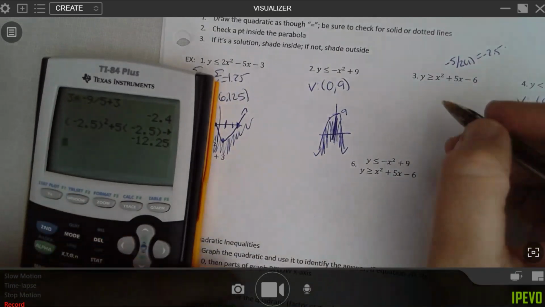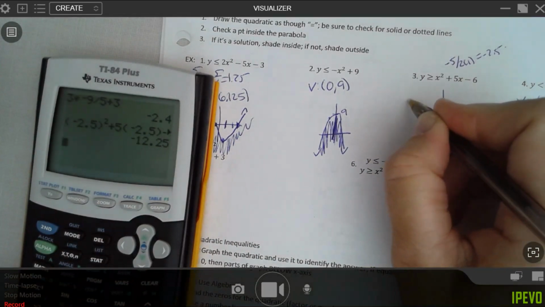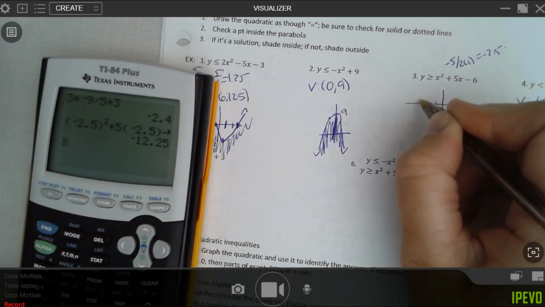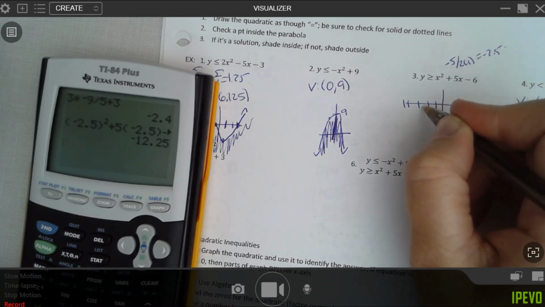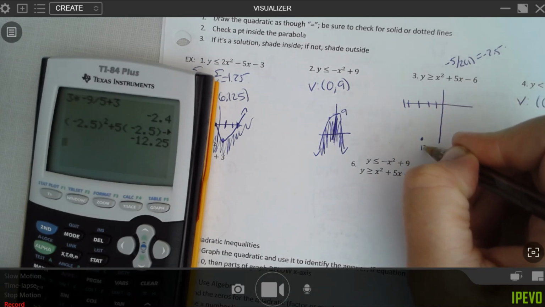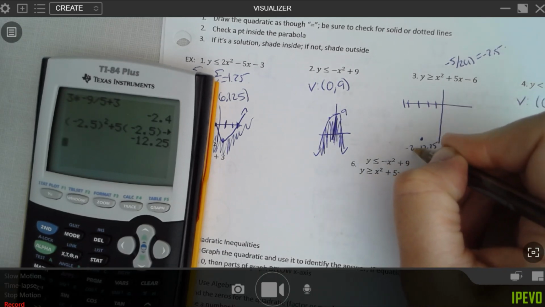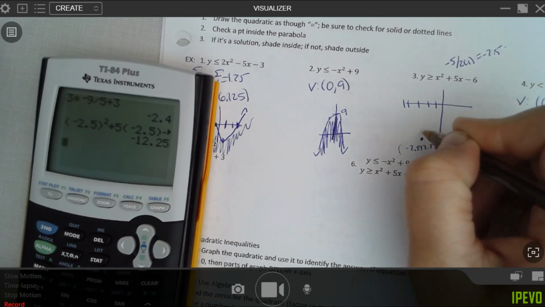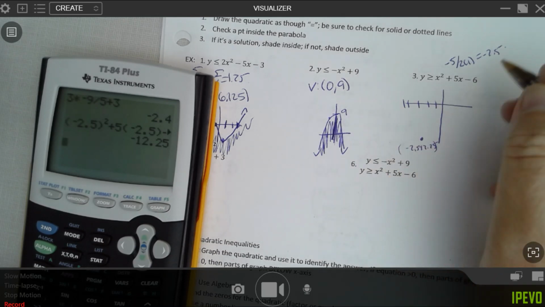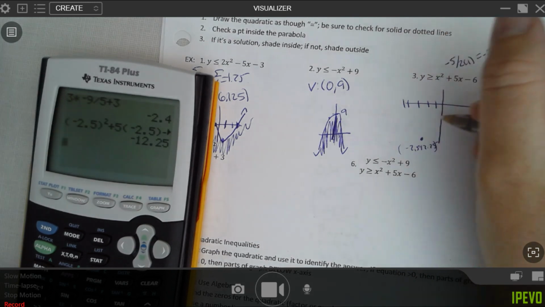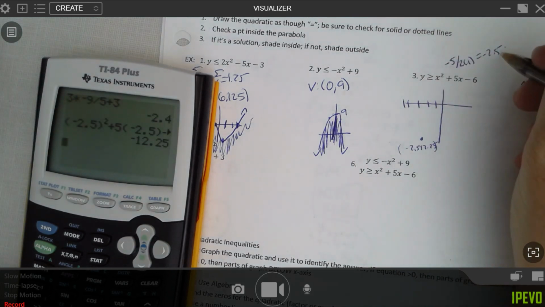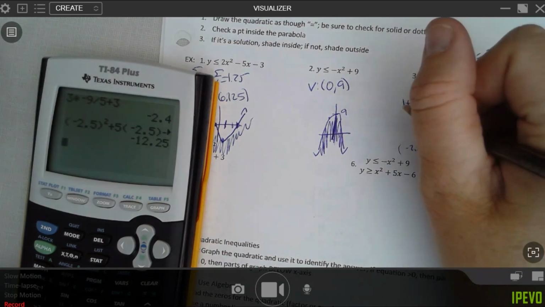So I'm going to estimate this. So 1, 2, 3, 4, 5. So negative 2.5, and we're going to call that 12.25 down here. And plug in. So then again, it's going to be a solid line. You plug in 1 on each side of the negative 2.5 if you want, and you should get something that looks like this.